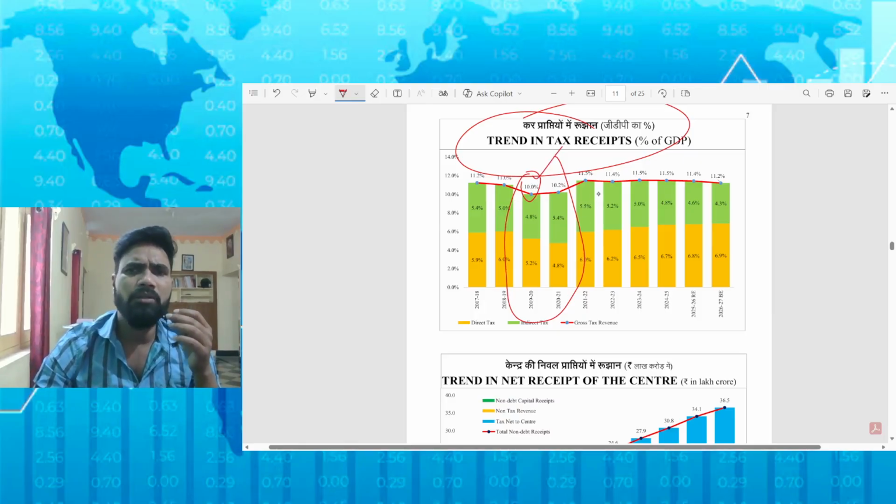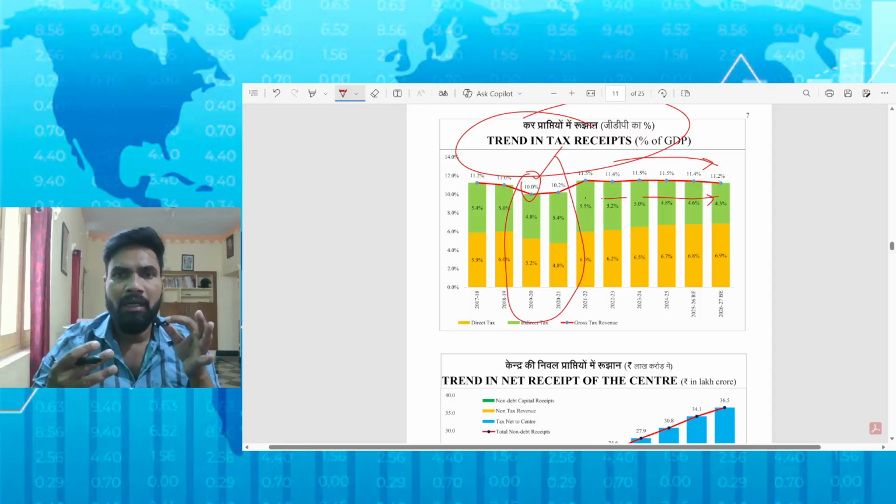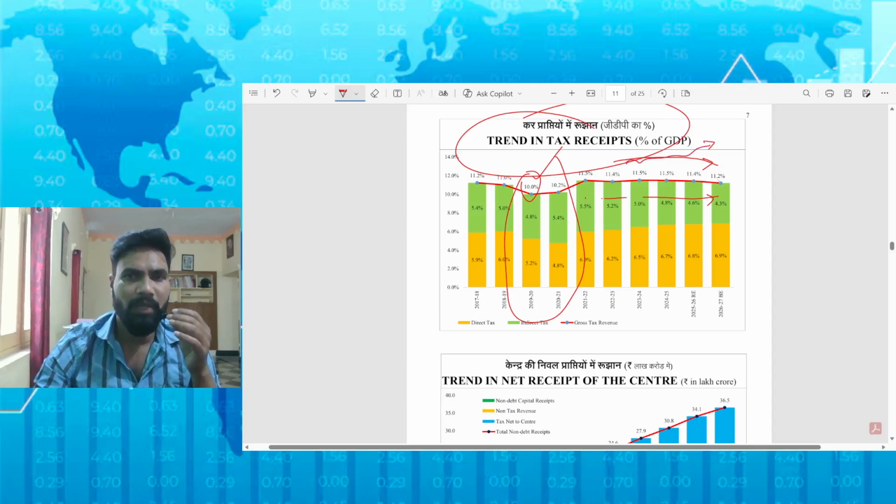But since then also, I would say there is not much increase in tax collection as a percentage of GDP. Unfortunately, it is seeing a downward trend because last year also there were exemptions that were given in the direct tax. Actually we shall be collecting more and more taxes as a percentage of GDP.